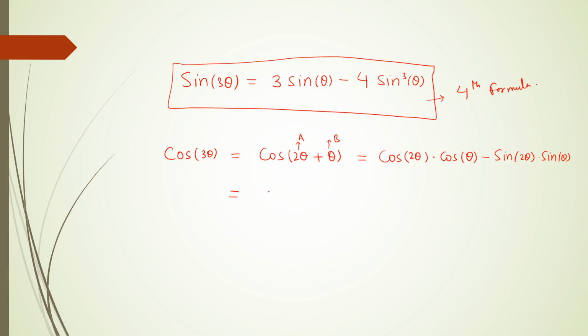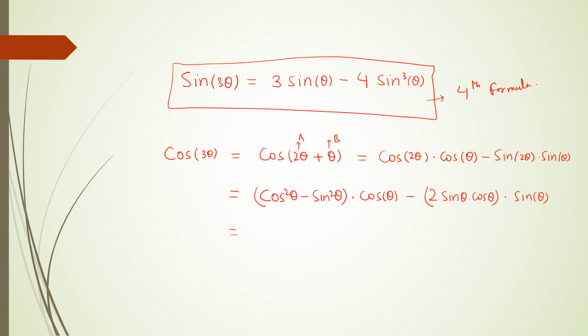We can write cos 2 theta as cos square theta minus sin square theta, multiplied by cos theta, minus sin 2 theta, which is 2 sin theta cos theta, multiplied by sin theta.